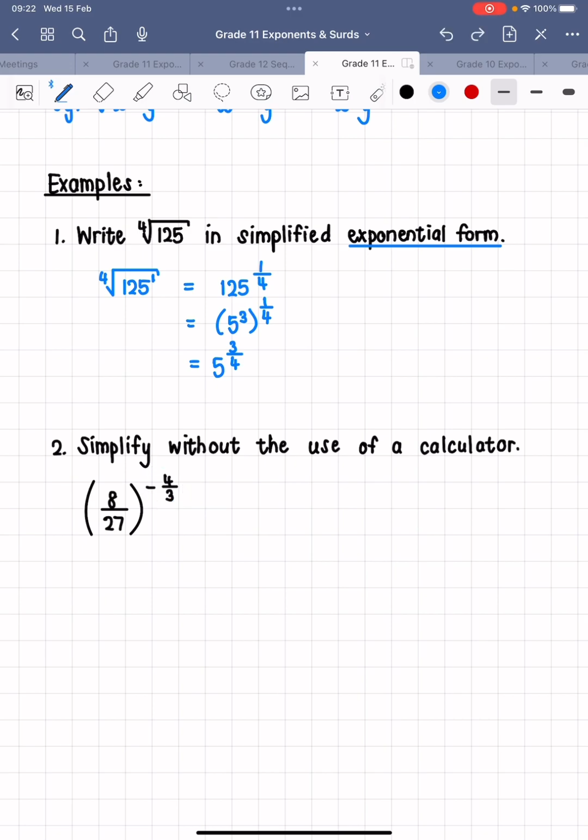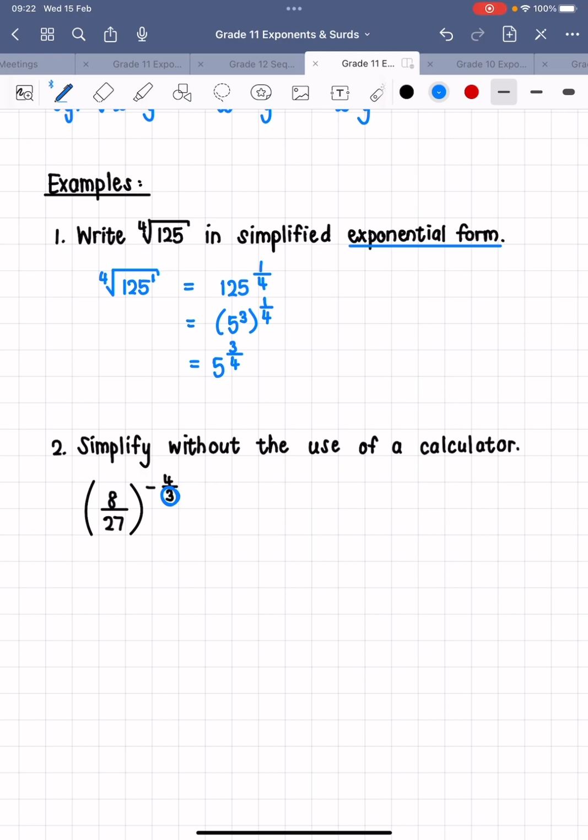So we don't want this exponent to be a fraction. We want it just to be a whole number, because then we could work with a whole number. If we just had a power of 4, then we know what something to the power of 4 is without using a calculator. But 4 over 3 is not really workable. So what we want to do is get rid of that denominator of 3.